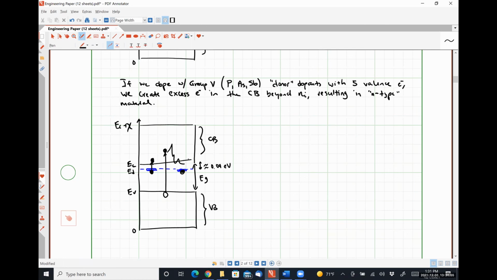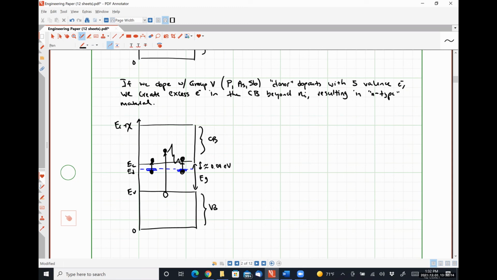Oops. That looks like garbage. And that's how these donor atoms wind up contributing excess electrons into the conduction band.